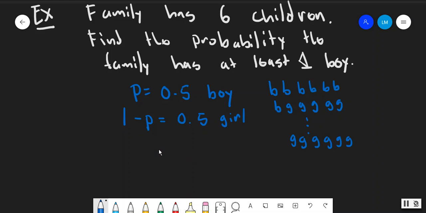So what that means is that you would take 1 minus p, which in this case is 1 half, and you would raise it to the 6th power. However, we want to find the probability of at least one boy. That's why we're finding the probability of no boys, because if we subtract that from 1, that's going to tell us the probability of at least one boy.